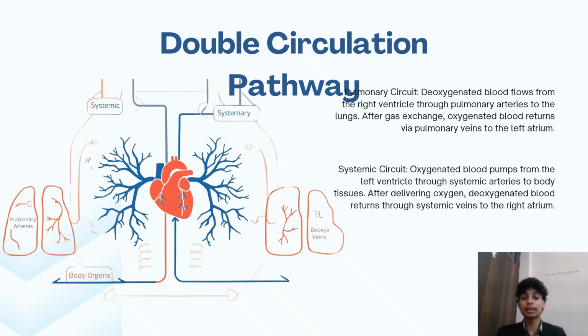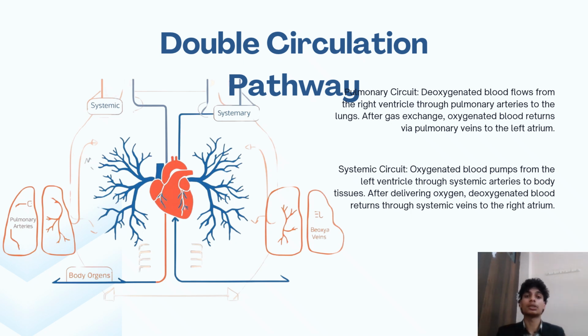And in the systemic circuit, the oxygenated blood is pumped from the left ventricle through the systemic arteries to the body tissues. So here is what is happening: the oxygenated blood which came from the lungs to the left atrium goes to the left ventricle, and from the left ventricle it goes to the body parts.